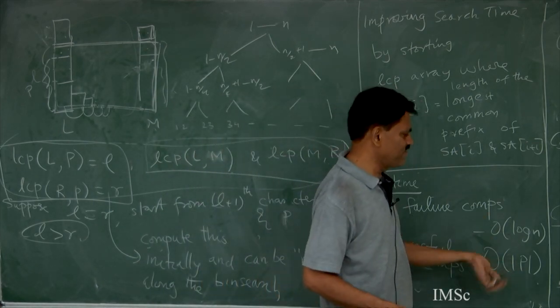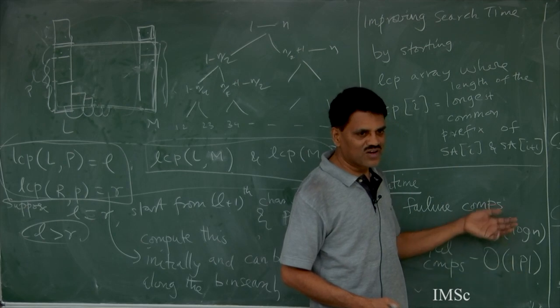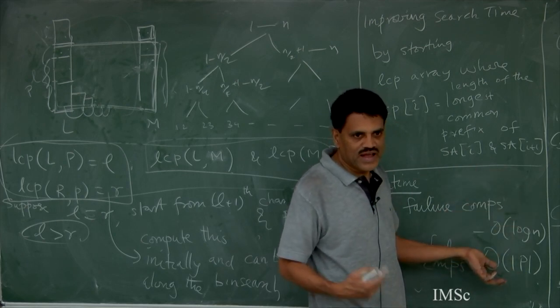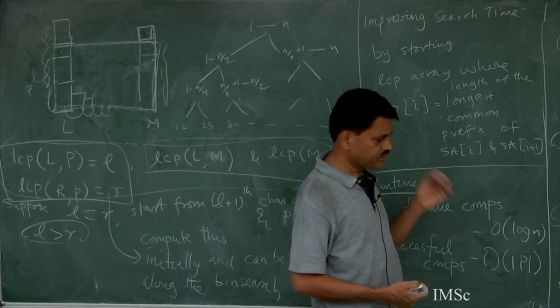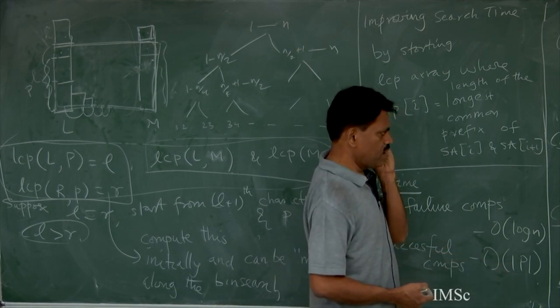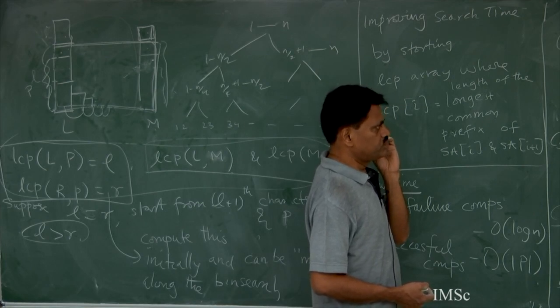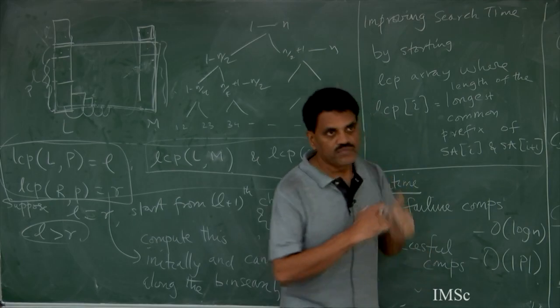So if P is really larger than log n, this log n doesn't play a role, and you are getting as good a running time as you would with a suffix tree. Okay, I think I'll stop.